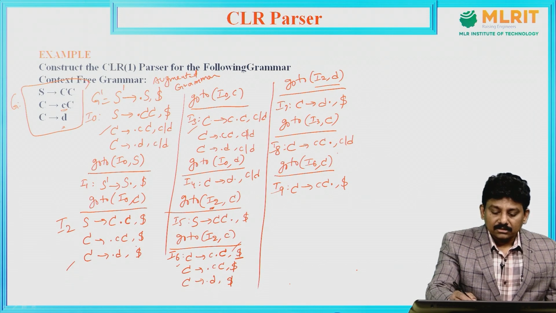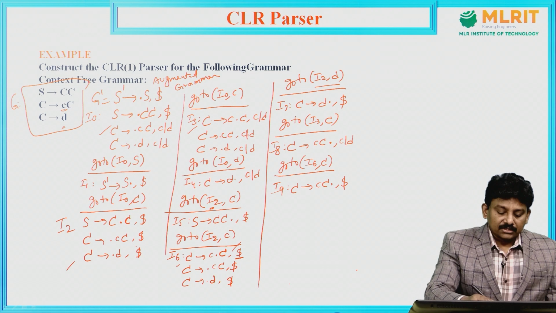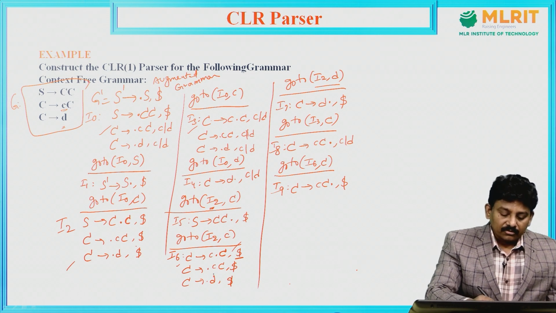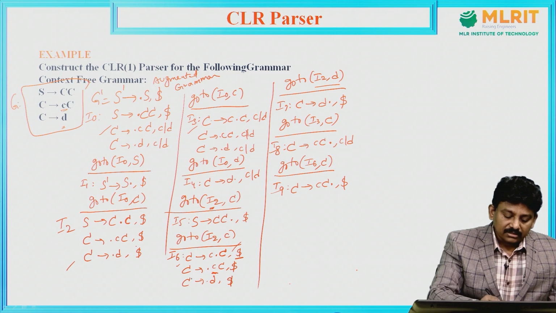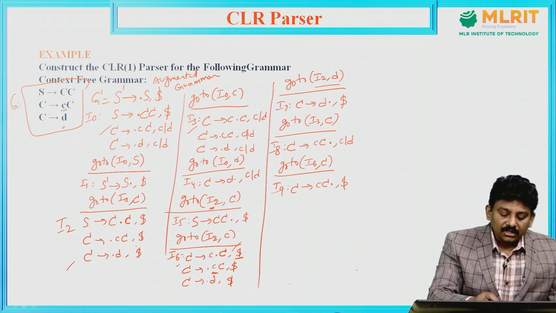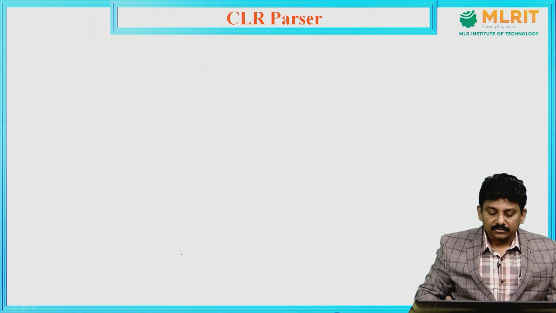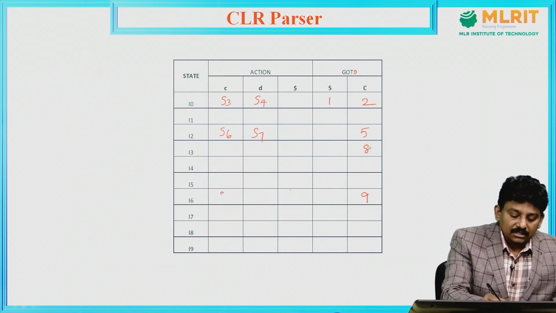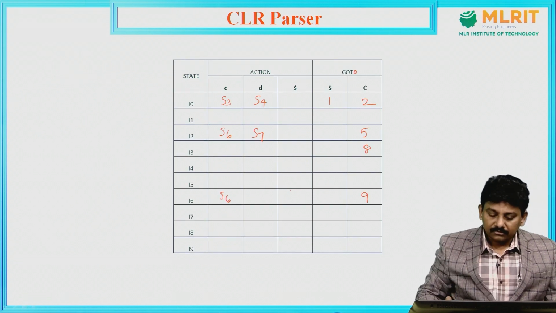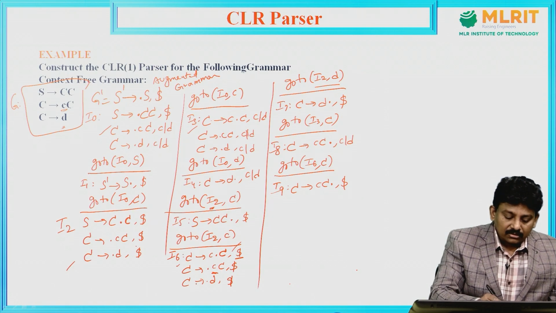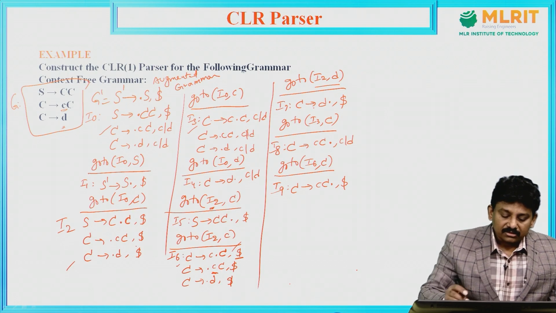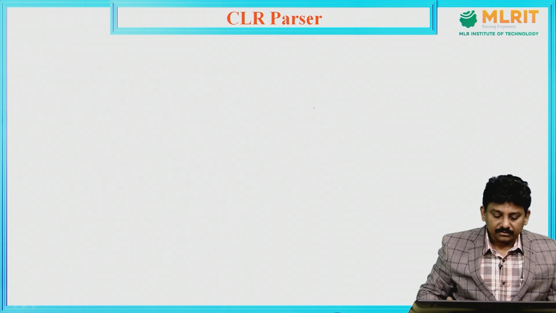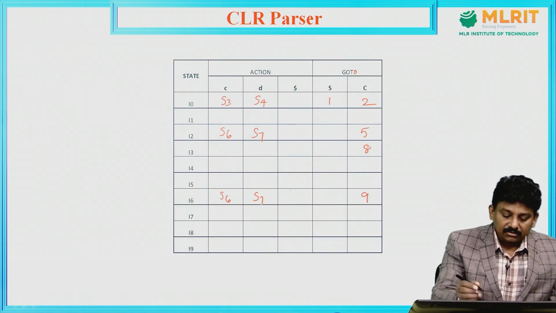Next, in I6, if you apply go to on small c, it goes to the same I6, because the dot moves one position right: C derives c C dot, comma dollar, which is the same as I6. So row 6 under c, S6. Row 6 under d is I7, so S7.